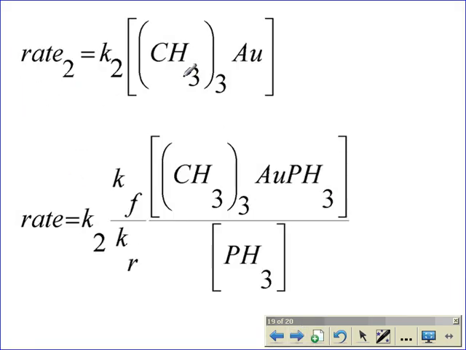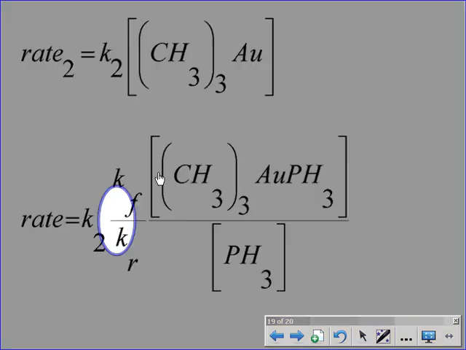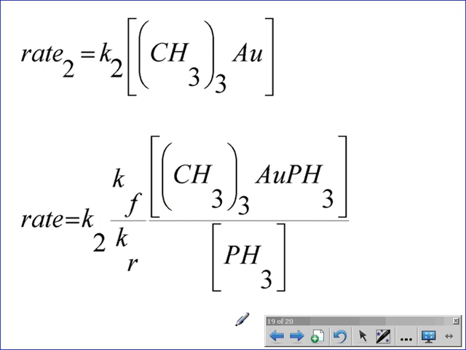So I substitute in. Remember, this is my slow step rate law. If I substitute my new expression right here, this whole big thing takes the place of this whole term, I end up with all of these K's, which can be combined, times this concentration fraction.